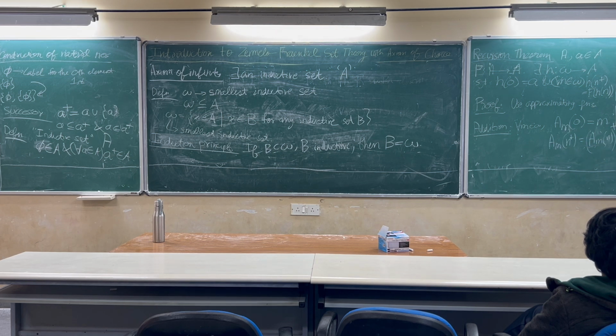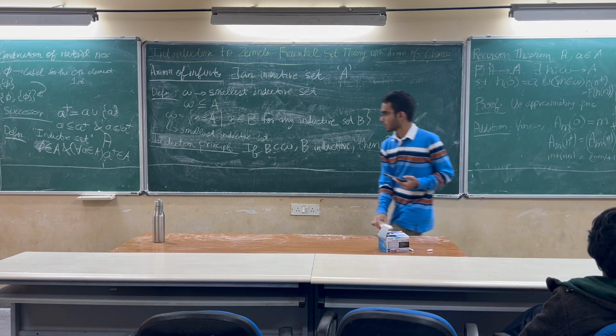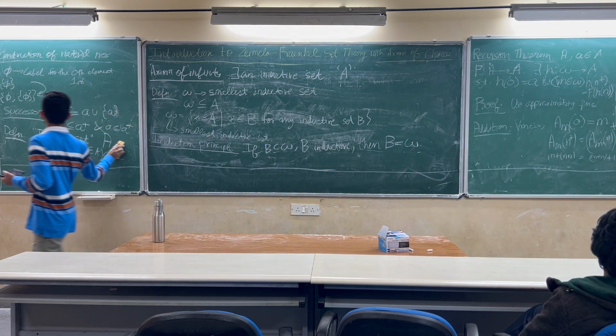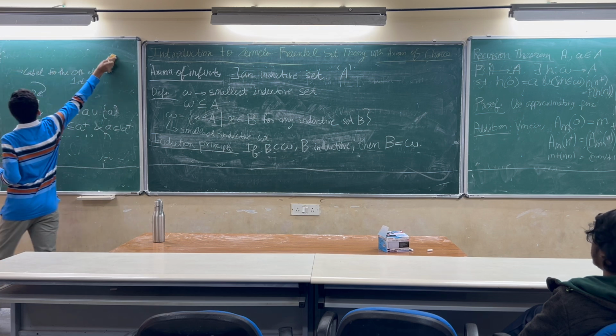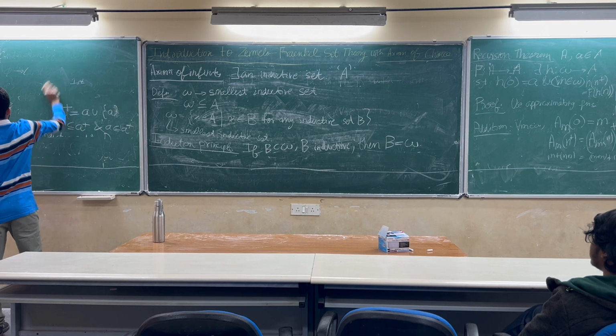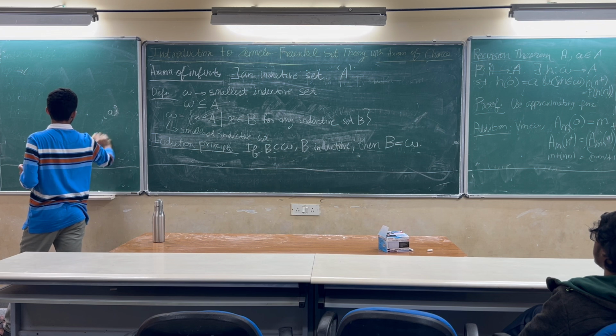It sends 0 to m, and it sends n plus to the successor of what it sends n to. So m plus (n+1) is equal to (m plus n) plus 1. This gives a recursive definition of addition, and now we can define addition to be a binary operation. And similarly, we can recursively define multiplication and exponentiation as well.